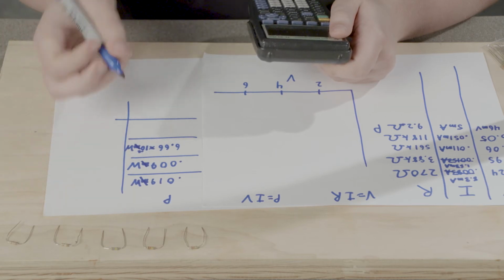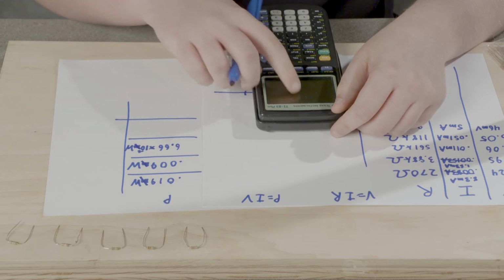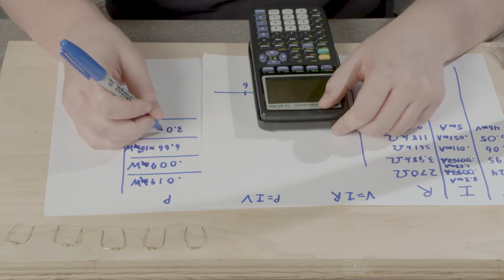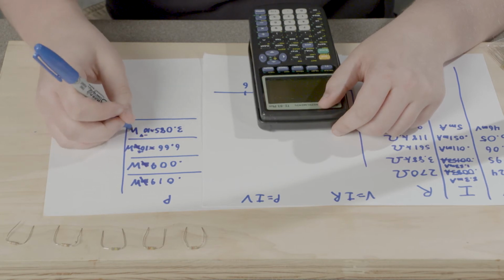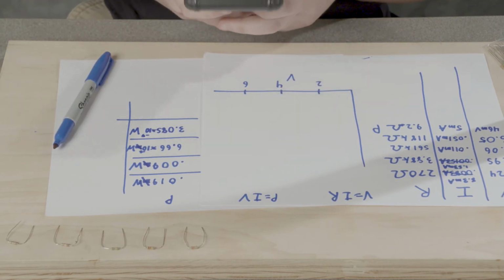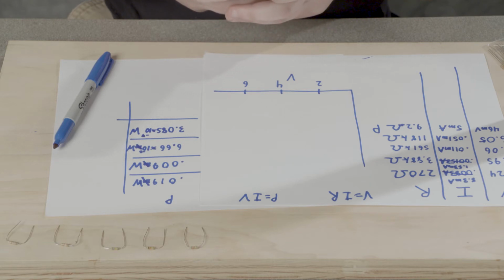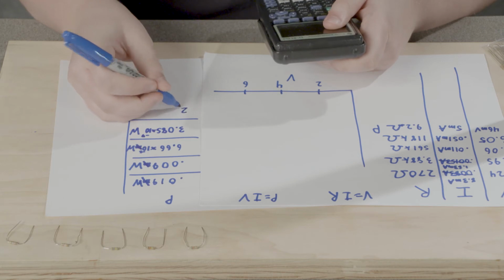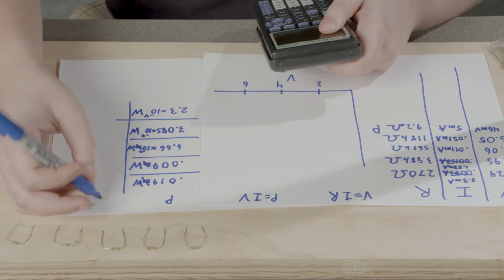It's not milliwatts. Now, this one, 3.085 times 10 to the -4 watts. We can change that all to milliwatts afterwards. Let's do our 9.2 ohm resistor. So we have volts times 5. So we get 2.3 times 10 to the -4 watts.